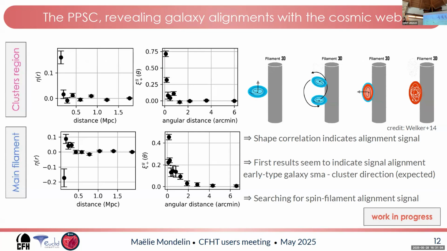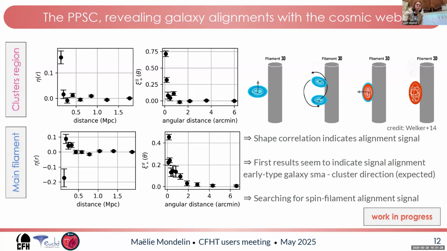It seems that galaxies' semi-major axes are aligned toward the cluster direction. This is an expected result, but never measured for the Pisces-Perseus supercluster. And currently, I'm searching for a spin-filament alignment signal.